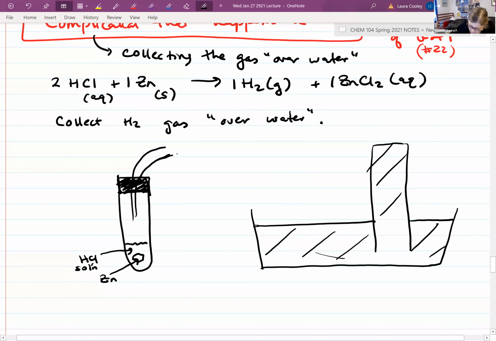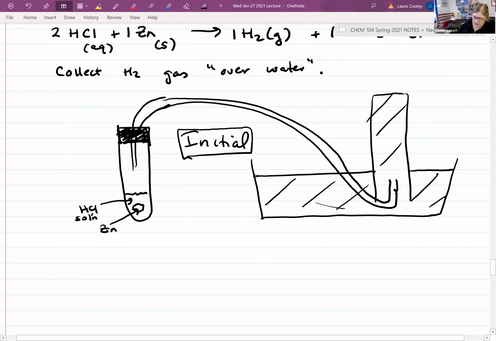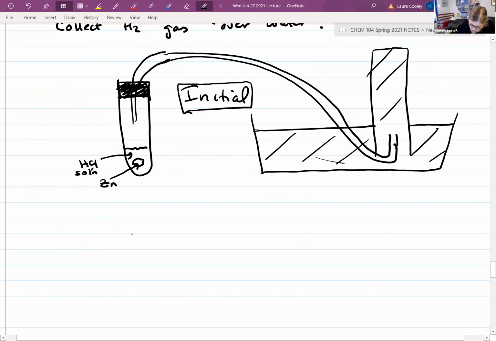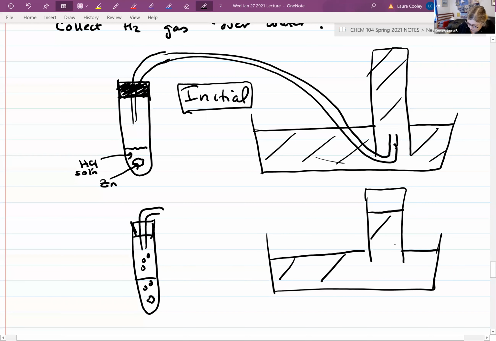So let's say we have this tubing, and we put it into the inverted cylinder. So this is what it looks like initially, before any H2 gas is produced. But if we wait a little while and the reaction starts to get going, now we have bubbles coming out, and we still have this tubing, and now our inverted cylinder starts to fill up with H2 gas on top, so that now maybe you have this picture.